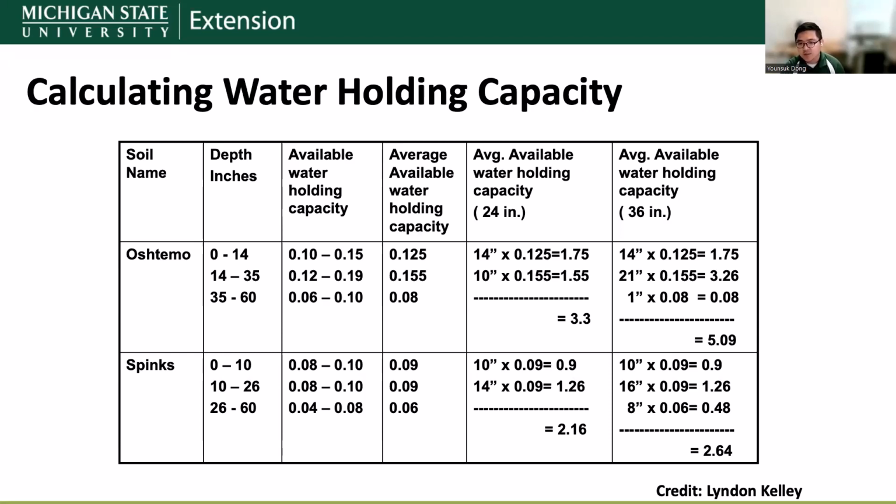So using this USDA soil survey program, you can estimate the water holding capacity for the top 24 or top 36 inches. If you're growing soybean, we typically consider the top 24 inches is what you need to focus on. If you're growing corn, roots go a little deeper, so we suggest looking at the top 36 inches.